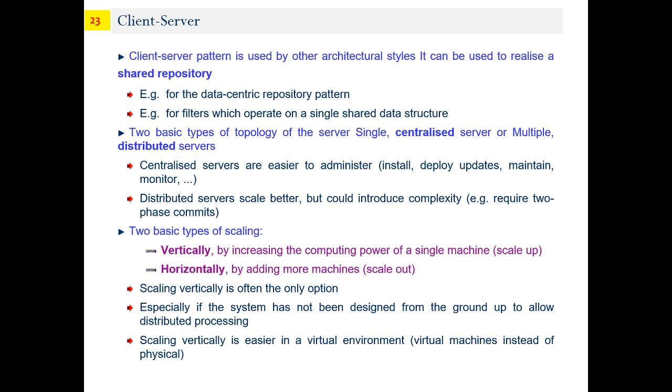So there are two types of scaling. Vertically, that is by increasing the computing power of a single machine, scaling up. Horizontally, by adding more machines, that is scale out. Typically the horizontal fashion, adding more machines, is thought of as distributed computing.